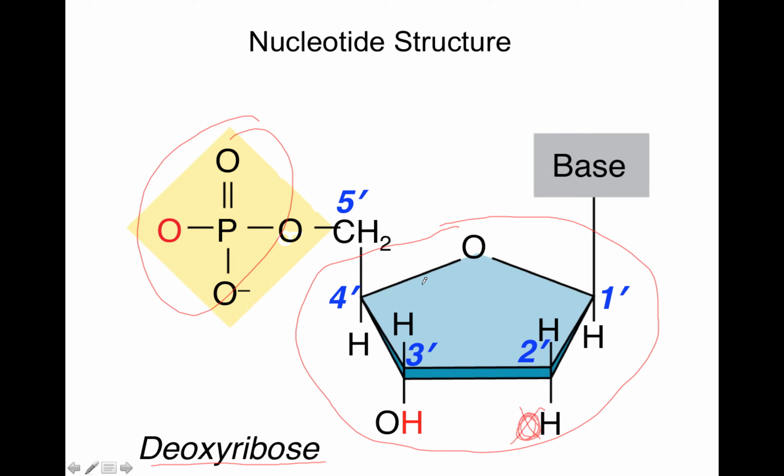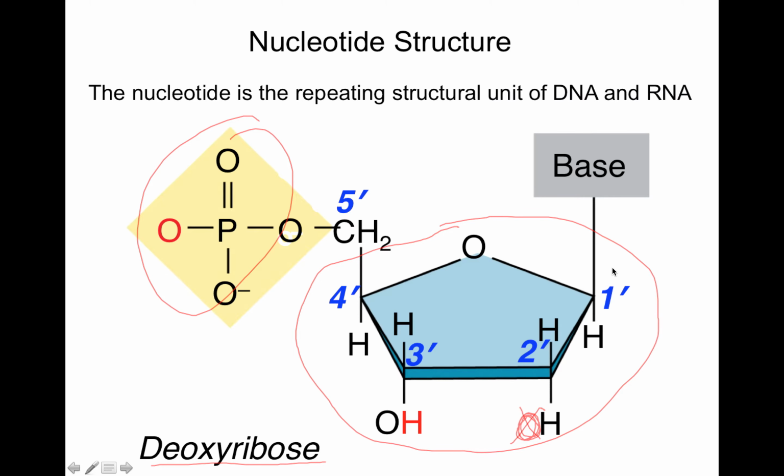The carbon atoms of the sugar moiety are numbered from the point of attachment of the base. So the first carbon is the carbon to which the base is attached, the A, the T, the G, or the C. Okay, and then as we go around the carbon, the second carbon is here.